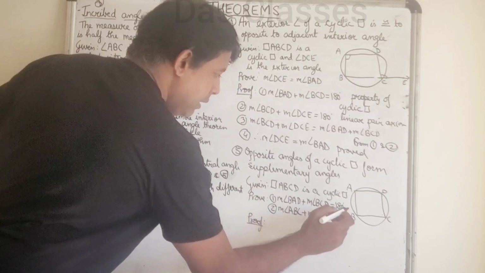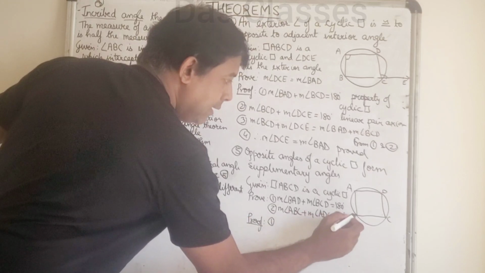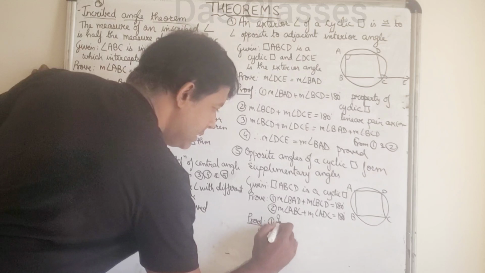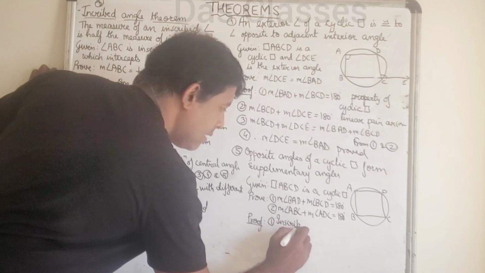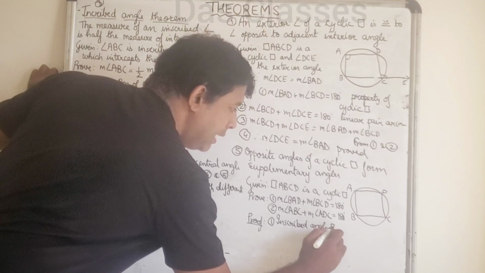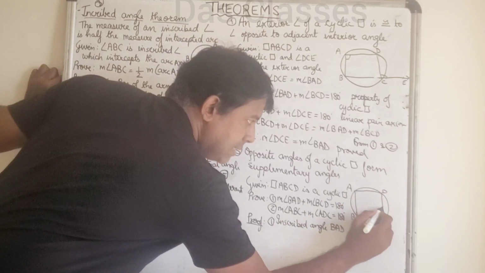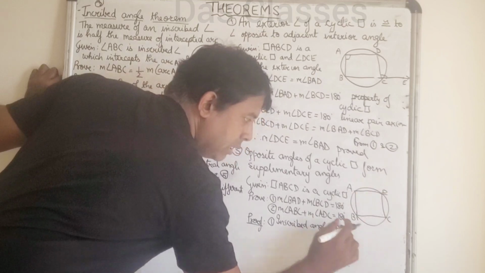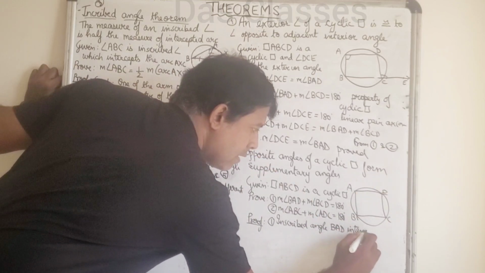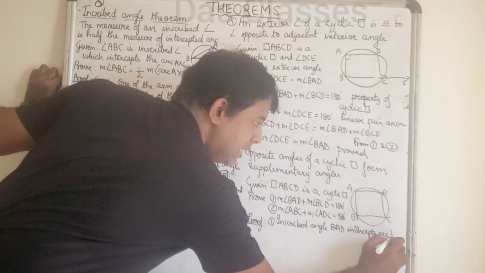So in the first case, first thing, inscribed angle BAD intercepts, where is it intercepting? This much arc, it intercepts arc BCD.